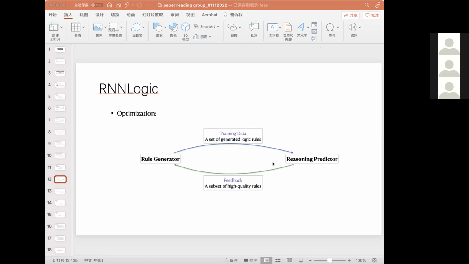Then this reasoning predictor returns a subset of high quality rules as feedback to the rule generator. The rule generator then optimizes itself based on these high quality rules in order to achieve the optimization goal. This process is completed by leveraging the EM algorithm.